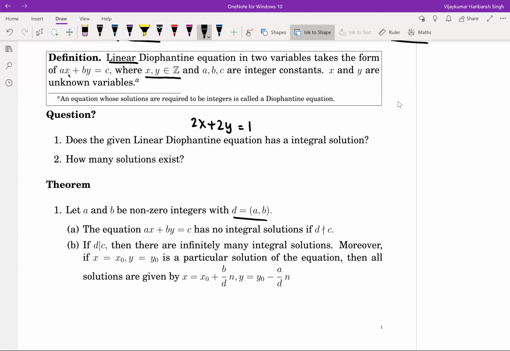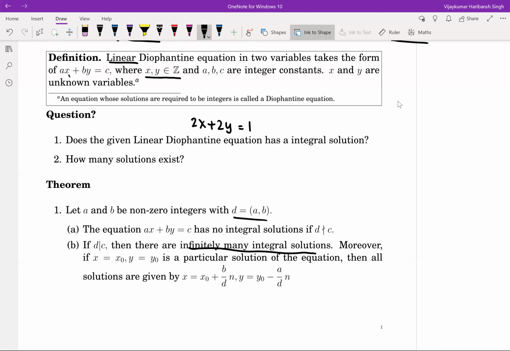Then the equation ax plus by equals c has no integral solutions if d does not divide c. And if d divides c, then there's not just one solution, there are infinitely many integral solutions.